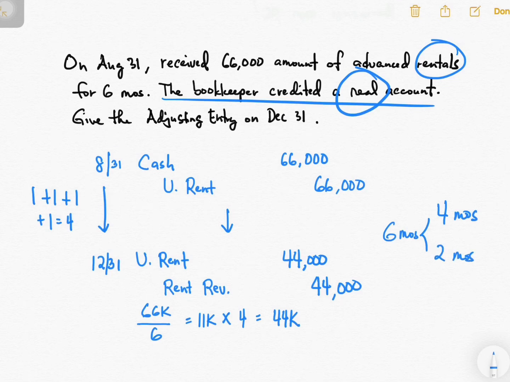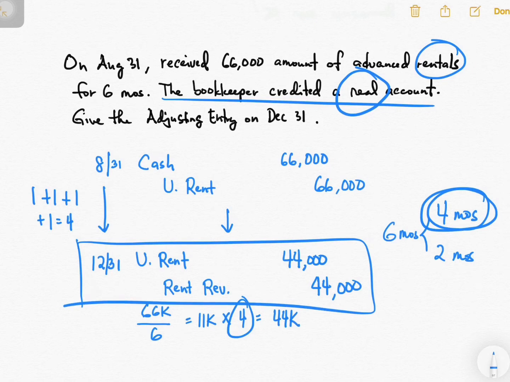What will you be using in the liability method? It's the earned portion, this one. That's why I use 4. That's another tip. Okay? So this is the answer. So if you are just a starter, it's okay to prepare the journal entry first before jumping to adjusting entry. So you know the logic of what's happening, no? Don't memorize. Never memorize because you will forget it. It's a waste of time.